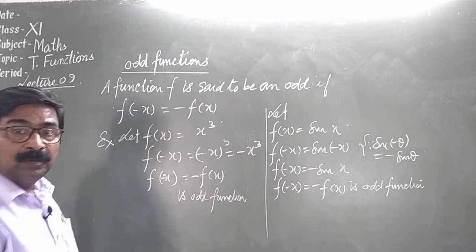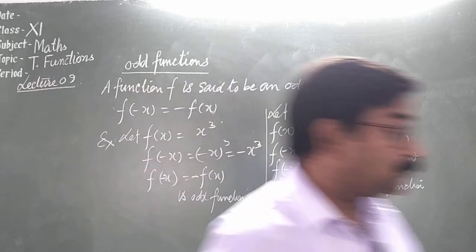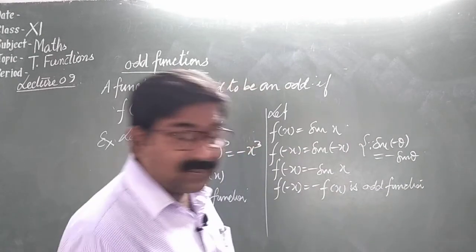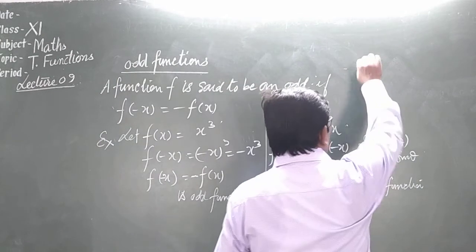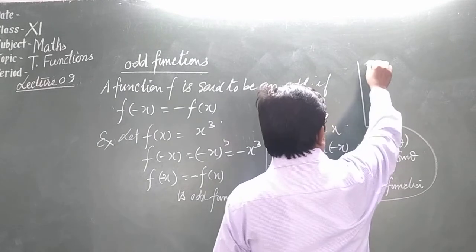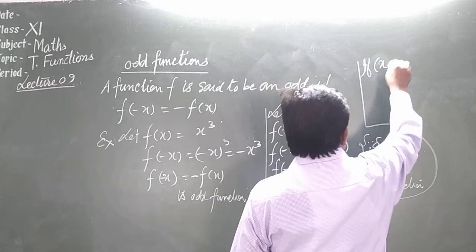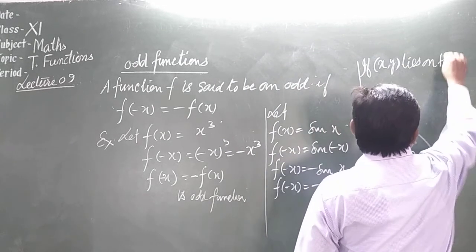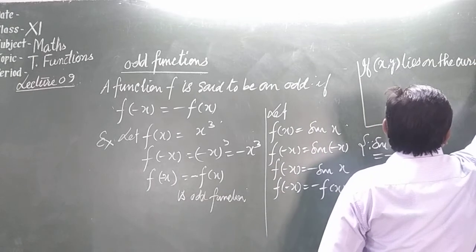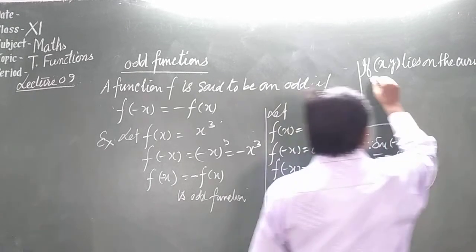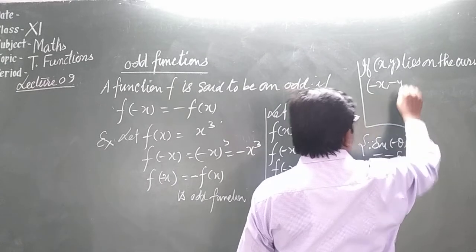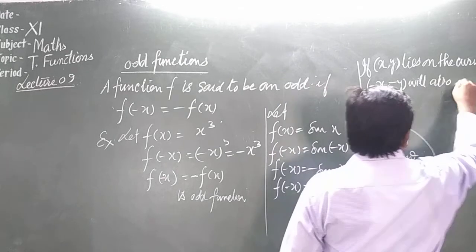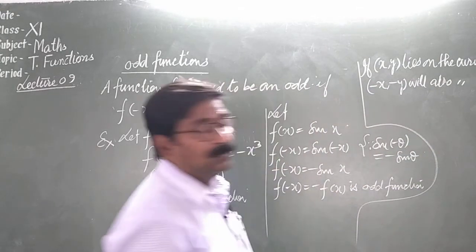Odd function means, see, if x comma y lies on the curve, then minus x, minus y will also lie on the curve.